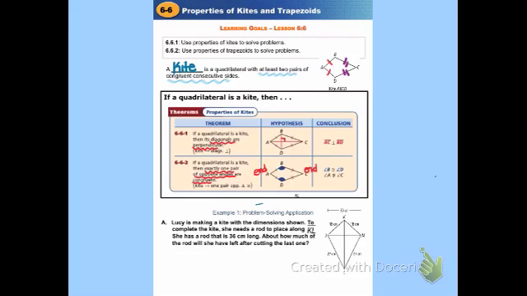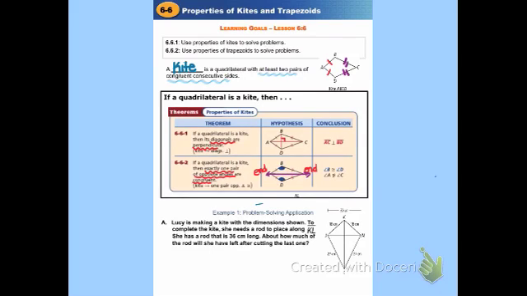But here's an even easier way to remember which angles are congruent and to remember lots of other properties about a kite. If you were to draw the diagonal through the ends, where the two equal sides meet, that diagonal would actually be a symmetry line.